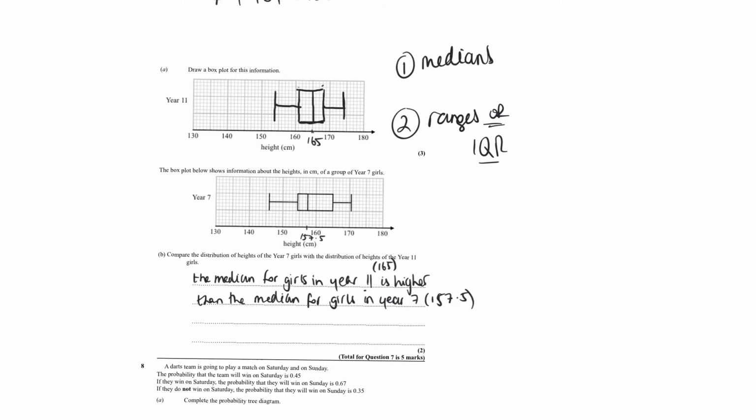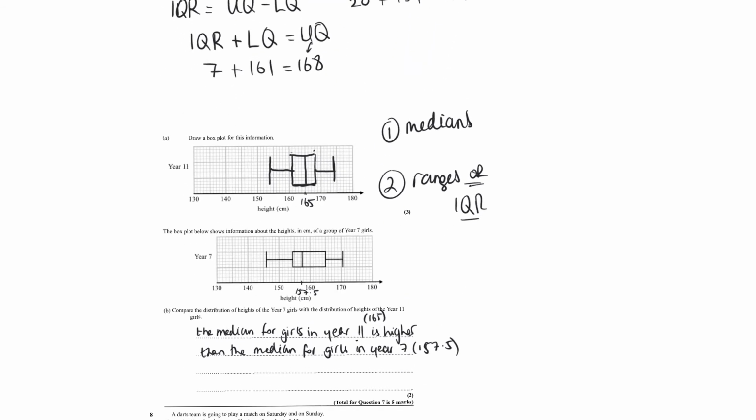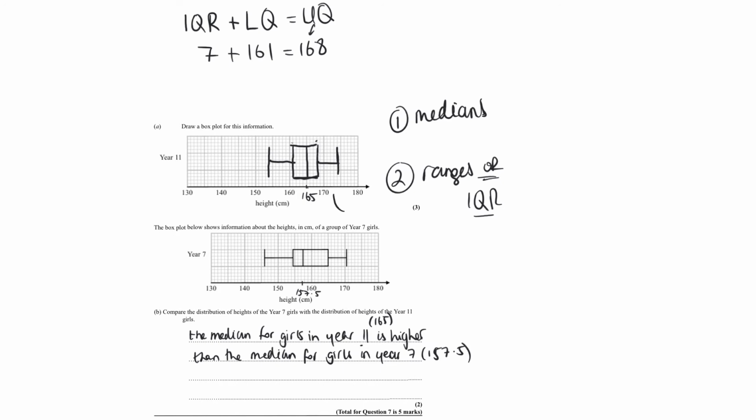Then the next point is in comparing the ranges. So if I go back up, the range was 20. And then here I'm going to work it out. So this value here is 146. This one here is 170.5. So if I did 170.5, take away 146 in my calculator, that would give me 24.5.